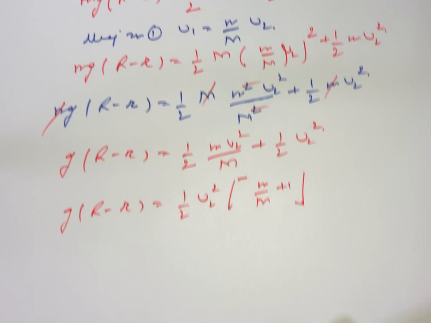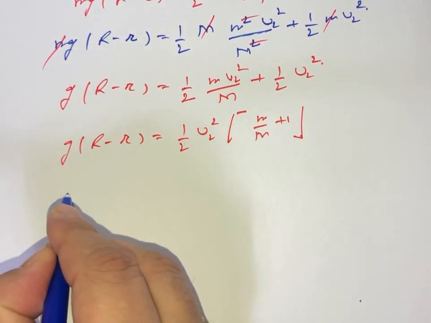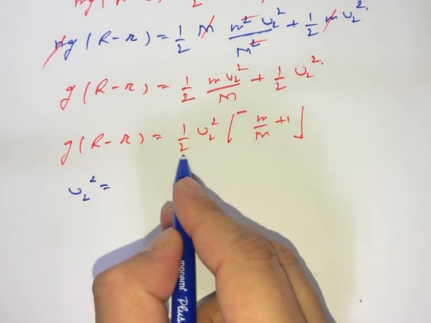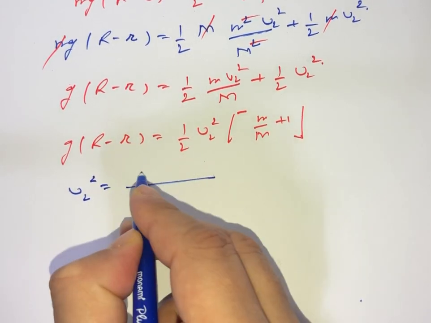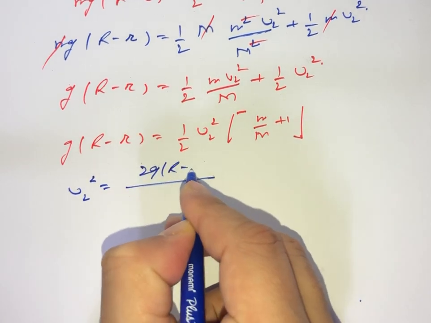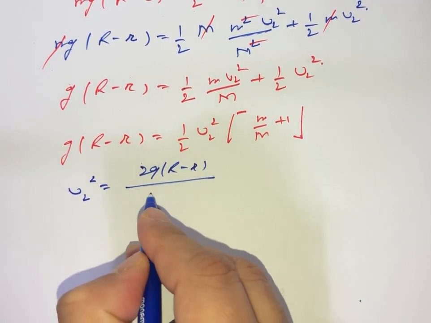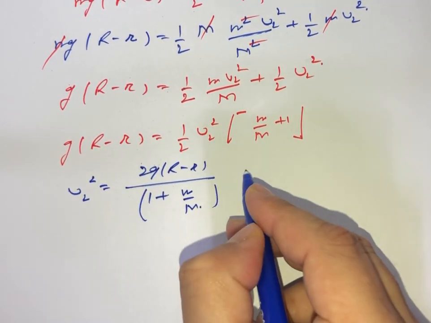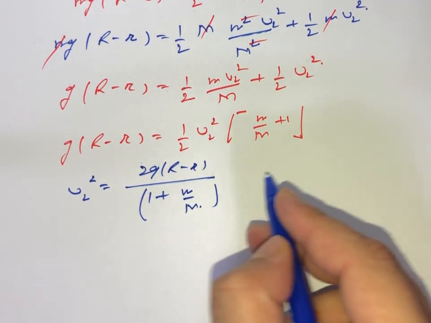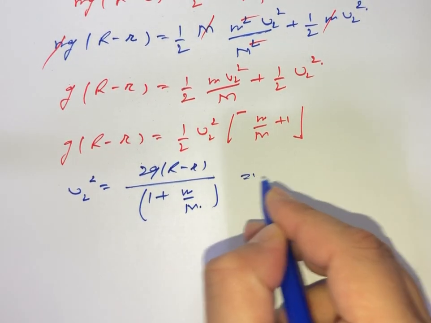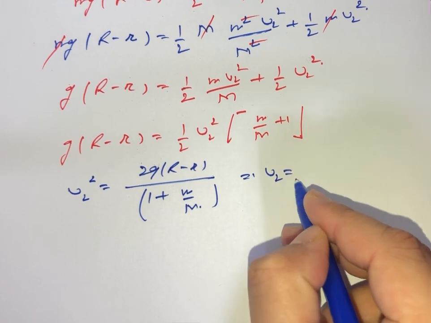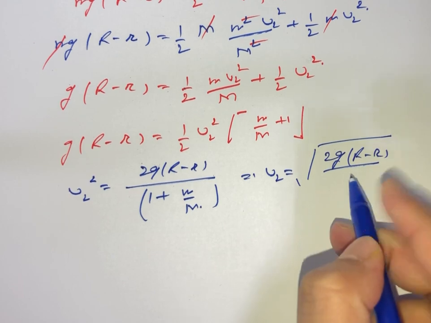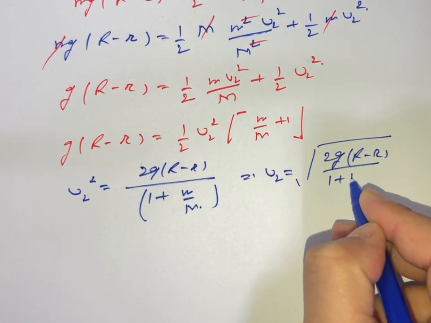So from here we can say that v2 square is equal to 2g(R minus small r) divided by 1 plus m over capital M. And from here we get that v2 is the square root of 2g(R minus small r) over 1 plus m over M.